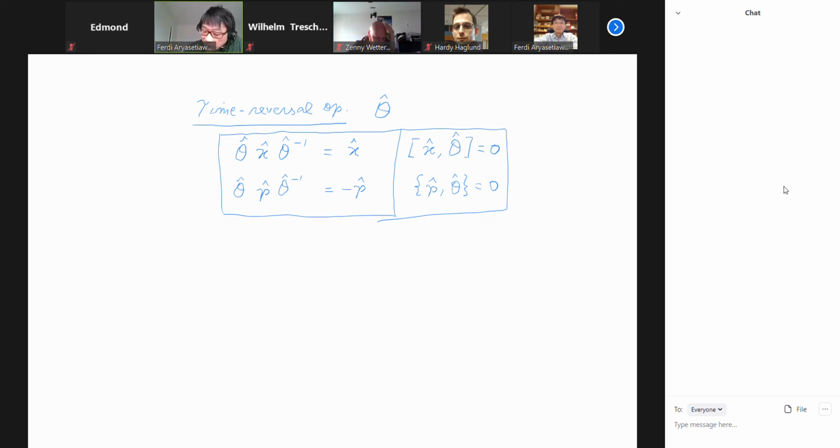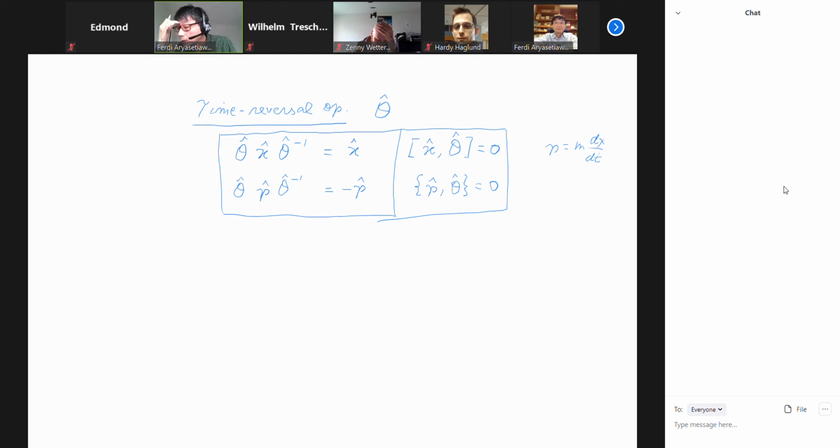Classically, of course, p is m dx/dt. Then if we reverse the time, we will reverse the momentum too. But we don't have time in this definition here.